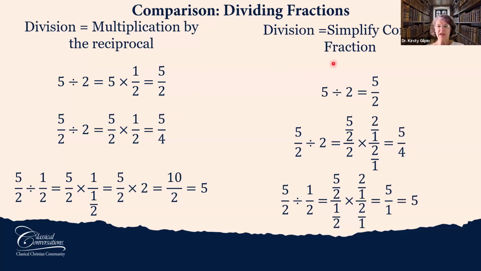The other way that we could do this is to rewrite division as a fraction, and where we have complex fractions, simplifying those. So again, starting with 5 divided by 2, if I rewrite that as a fraction, I go straight to 5/2. Here I have 5 divided by 2, divided by 2. So my 5 divided by 2 is my numerator, and my 2 is my denominator overall.